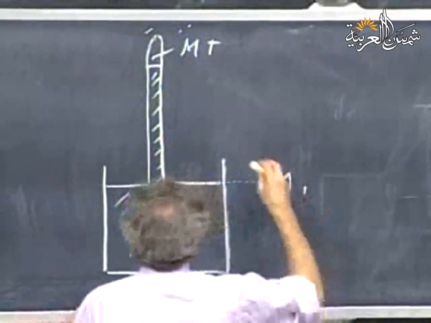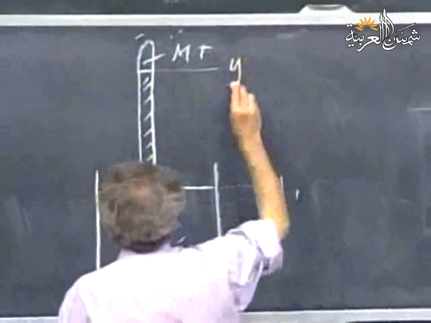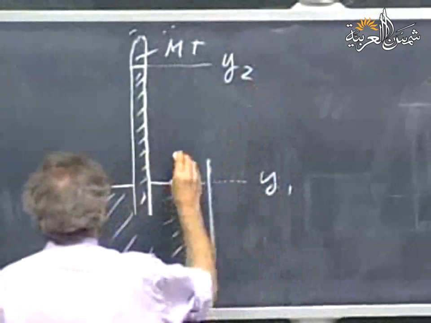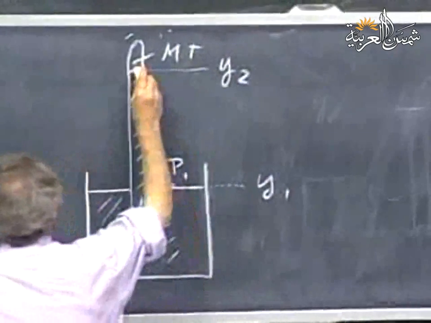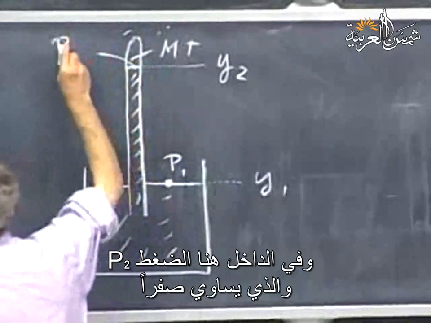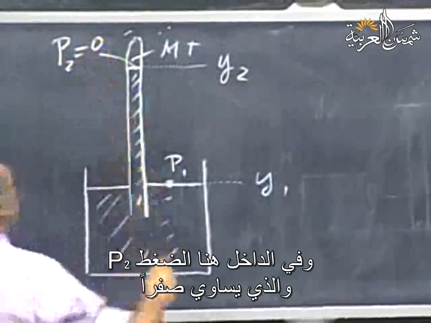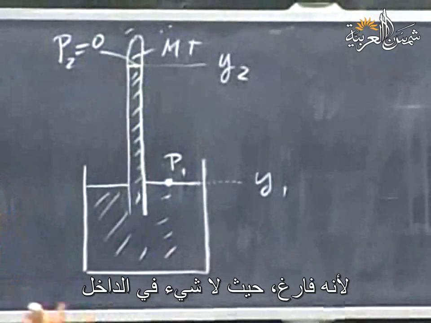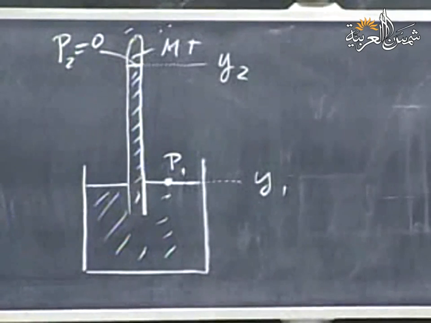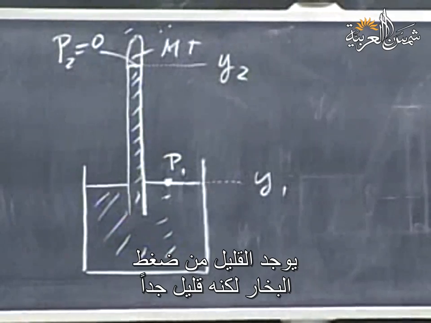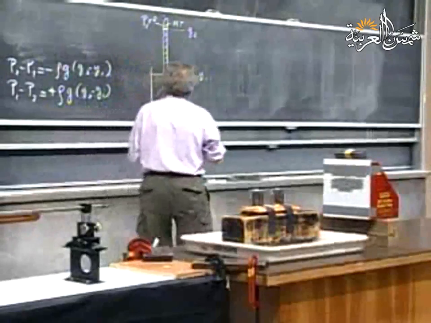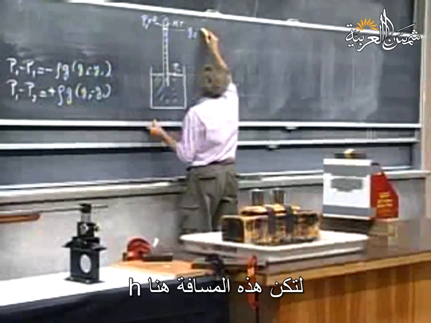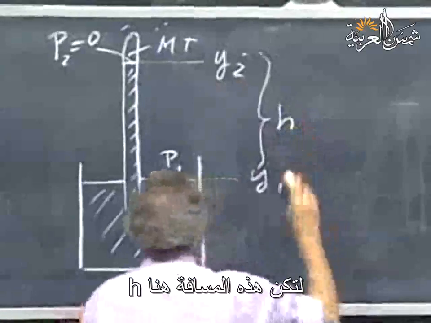This is Y1. This is Y2. This is the pressure P1. And right inside here is the pressure P2, which is 0, because it's empty. There's nothing. A little bit of vapor pressure, but that's very small. And so this distance here, let that be H.